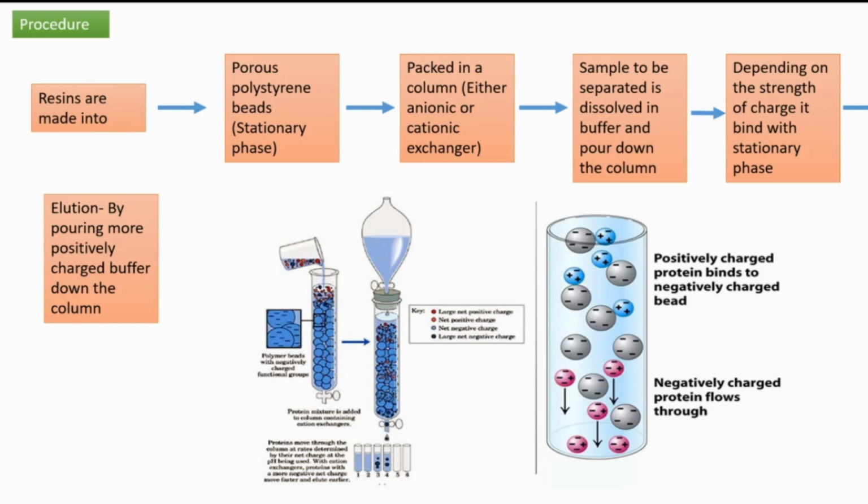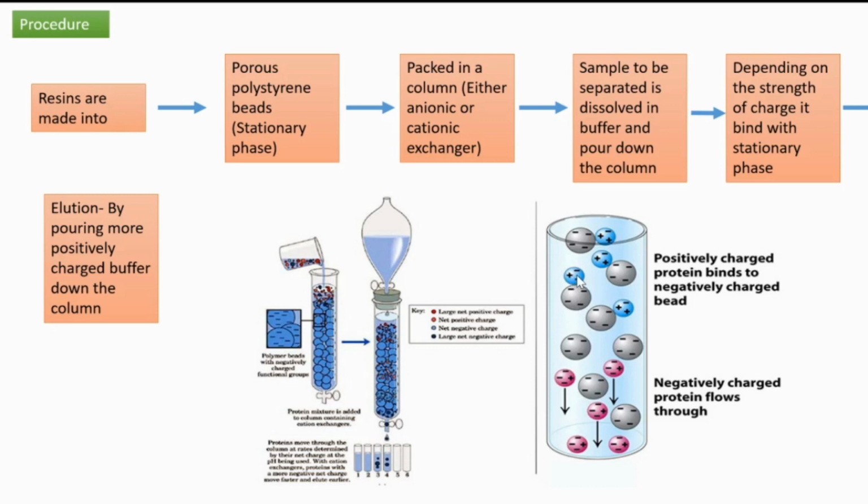Then you leave the first friend and go to talk and accompany the other. The same thing is happening here, because first the strong positive charge is bound to this cationic ion exchanger. Here we need to separate it out. How? We pour more positively charged solvent. As this more positively charged solvent moves down, the ion exchanger binds with that, leaving the other one.